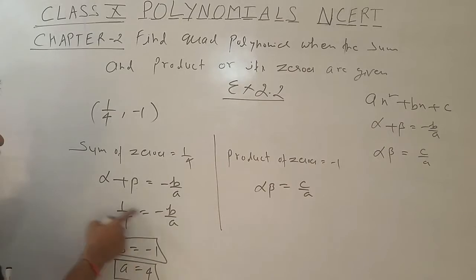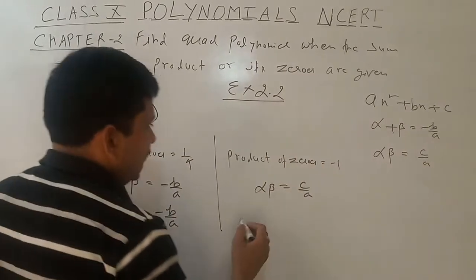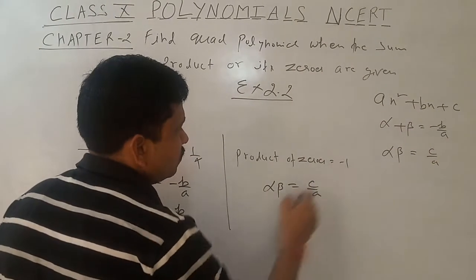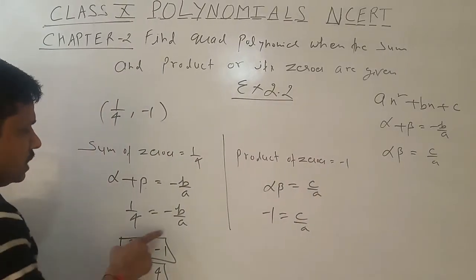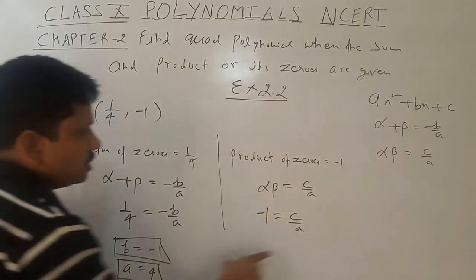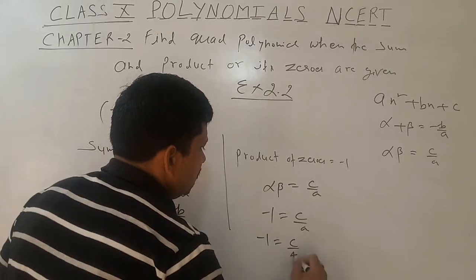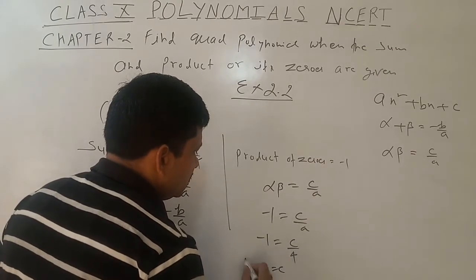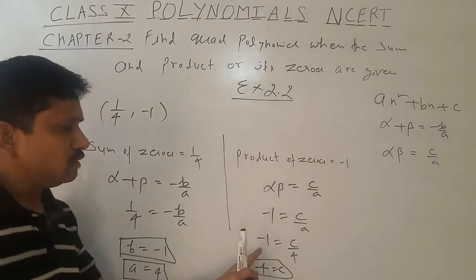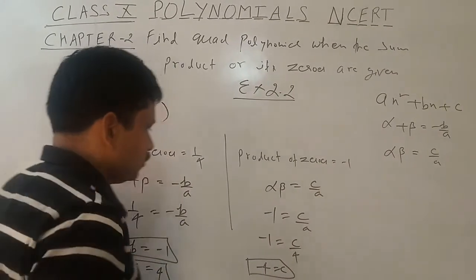In the product we have product equal to minus 1, so c upon a, and here a is equal to 4, so c upon 4 is equal to minus 1. On cross multiplication we get c is equal to minus 4.